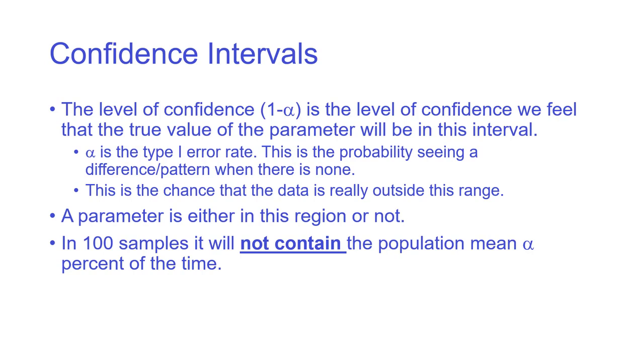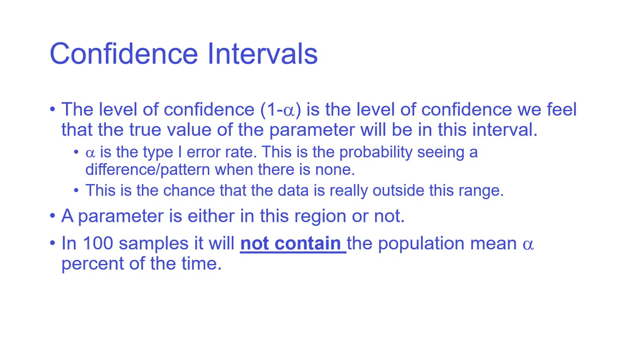That's the probability of seeing a pattern or a difference, or saying that these two samples are different to each other when they aren't. They should actually be the same. So we have a small probability of making a type 1 error. And the type 1 error in this case is that the population mean does not lie in that region.